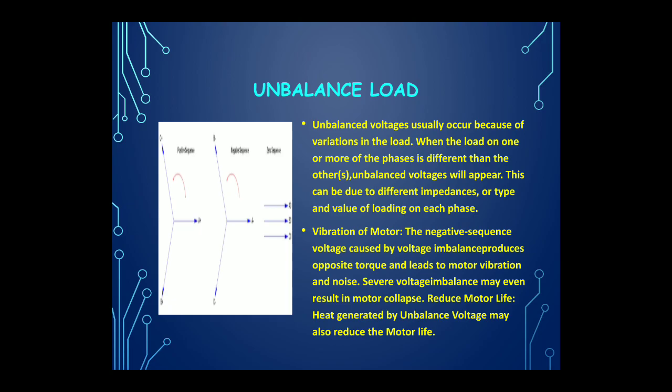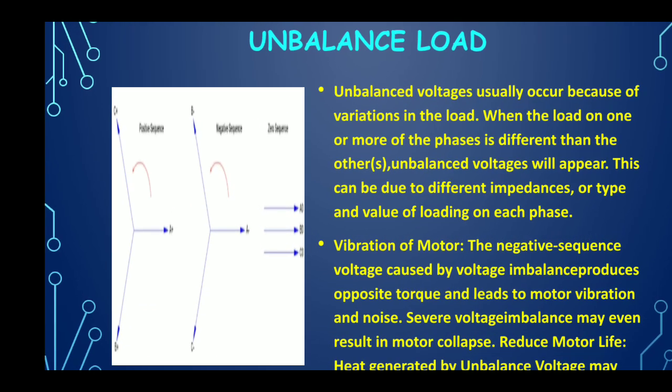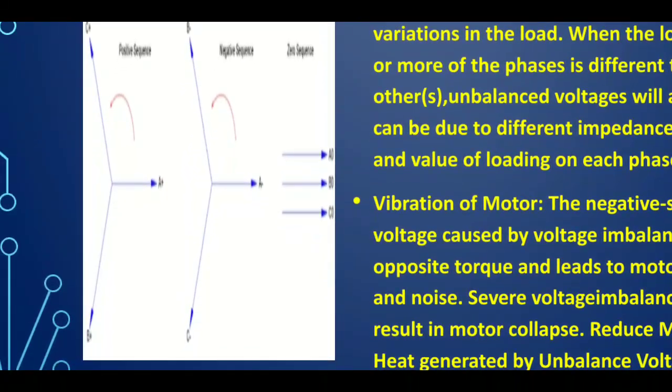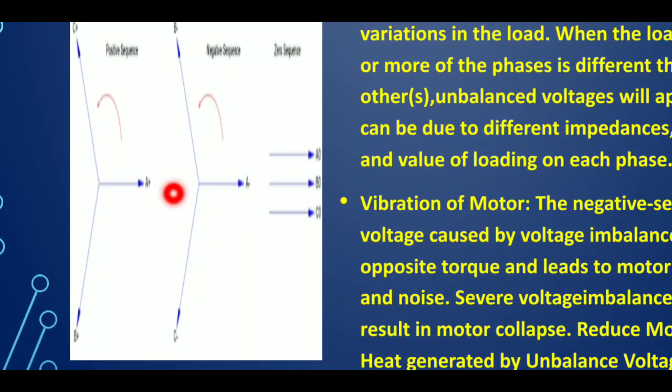So here you can see the positive sequence A plus, B plus and C plus, and you see that the direction is the same, but the value of the voltages is minus. That means A minus, B minus and C minus. That means the sequence is negative.